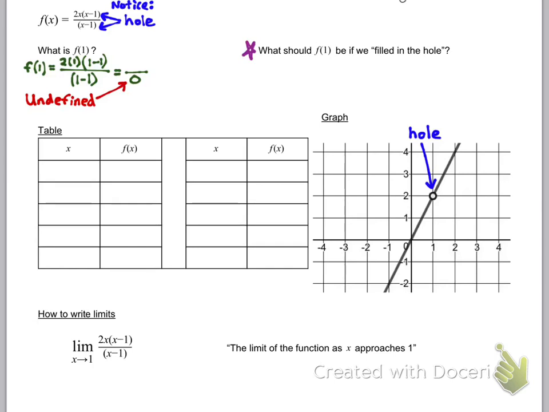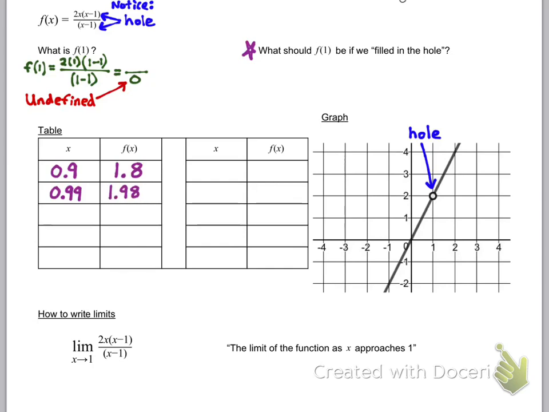What a limit does is it says, okay, what if we get really, really close to that value? So, for example, what if we plugged in the x value of 0.9 into our function? You could try this on the calculator, but you can also trust me that plugging in 0.9 will give you 1.8. Then we want to plug in another number that gets even closer to 1, like 0.99.